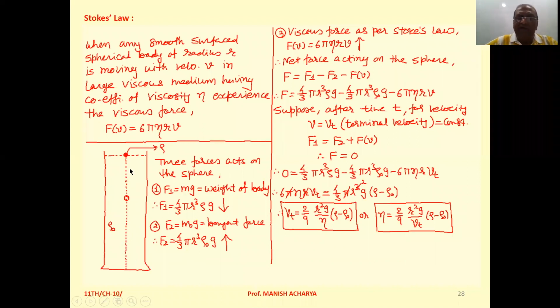Then the molecules which are in contact with the surface of this particular body will move with the same velocity as the body. But the molecules of the liquid which are in contact with the wall of this container are steady.